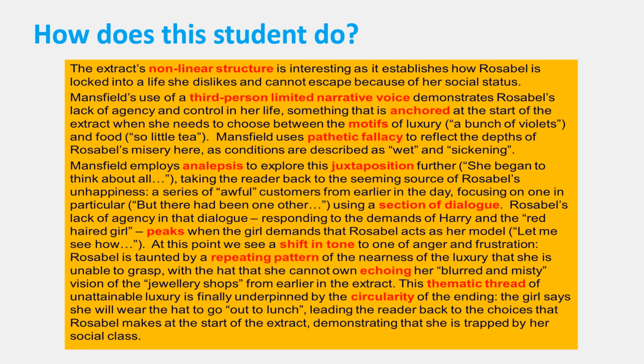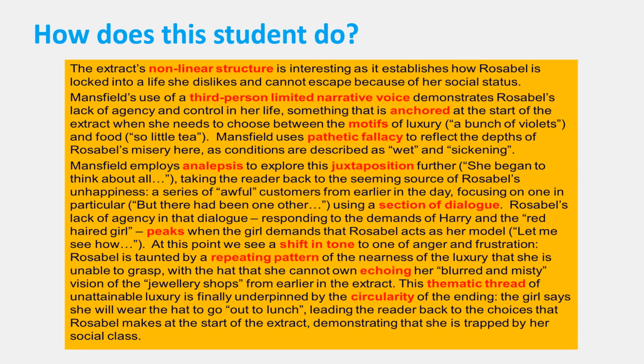We pick up again on Rosabelle's lack of agency. Nice little word of these peaks here. Rosabelle's frustration peaks when the girl demands that she acts as her model. We've got a shift in tone when Rosabelle becomes more angry and frustrated. Again, the shift in tone, that's a structural method.